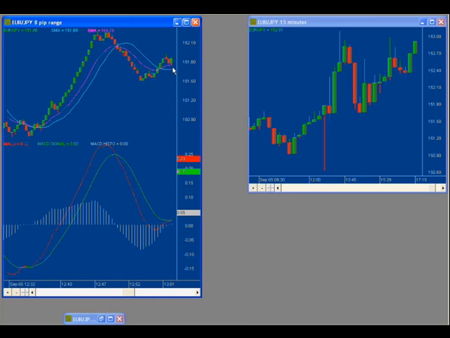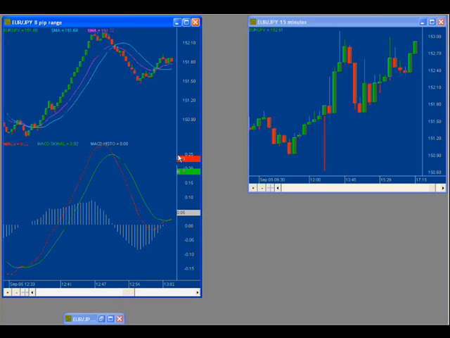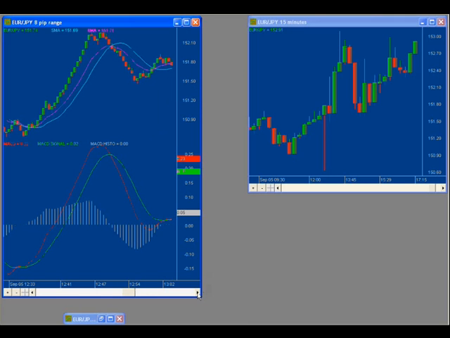I don't know. You might want to get in on the open of the next bar. Open of the next bar is 151.86. You might be a little concerned about this. You might have, if you had waited.